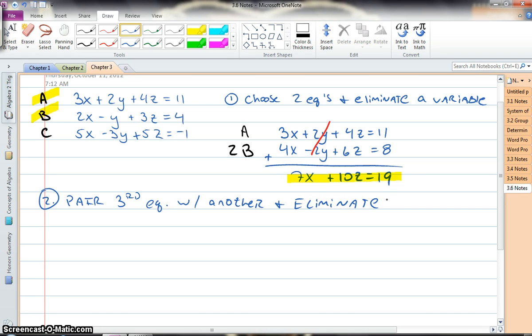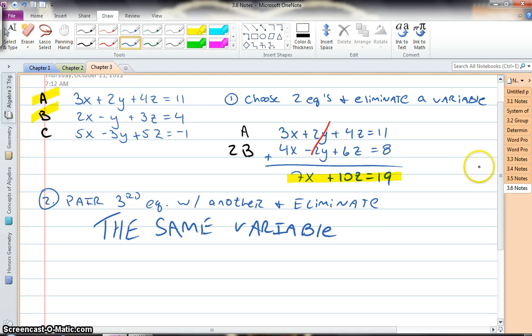The most important piece here is that when we take equation C and pair it with another equation to eliminate, it's imperative that we eliminate the same variable. This is the most important part of this whole process. The same variable means we eliminated y, so in this case we absolutely have to eliminate the variable y. In the event we eliminated the x's, we would pick the x's.